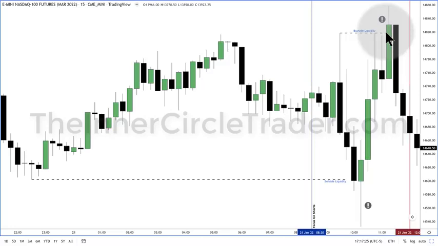All right, so we have both of these areas, here and here, where there would be a likelihood of a market structure shift. Up here, we look for a fake run above. How do we know that fake run is going to be a bearish market structure shift? I get that question a lot, even from mentorship students.